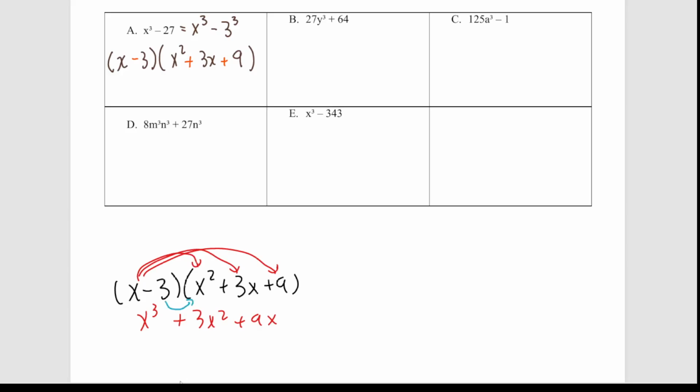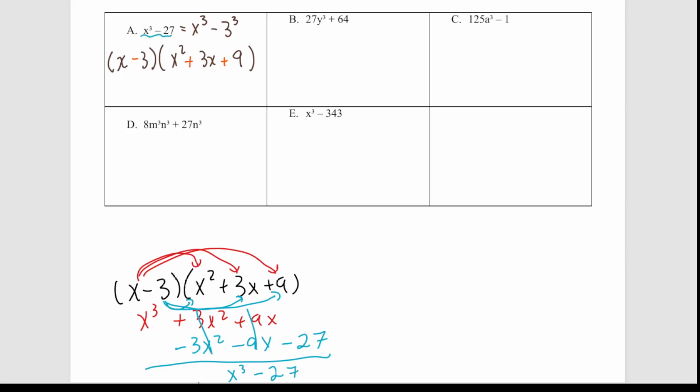Negative 3 times x squared gets us minus 3x squared. Negative 3 times 3x will give us minus 9x. Negative 3 times 9 gets us minus 27. And lo and behold, those middle terms do indeed cancel out, and you're just left with x cubed minus 27, which was our original.